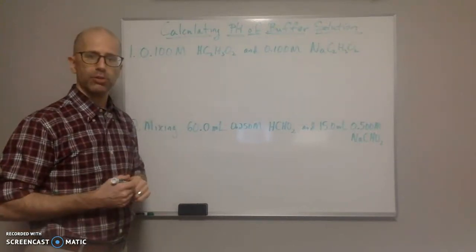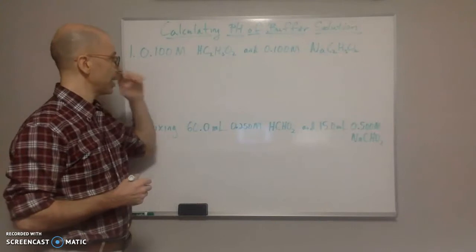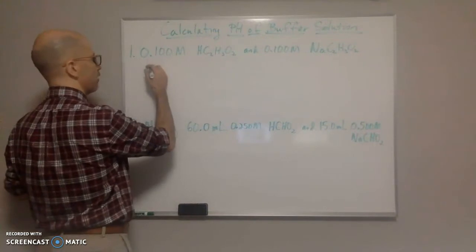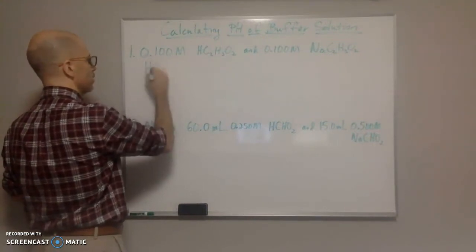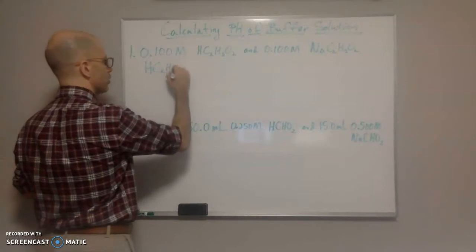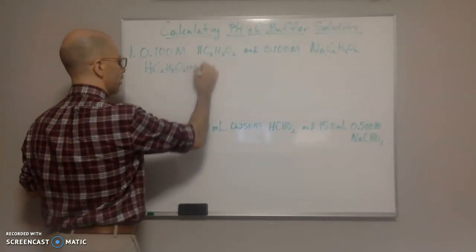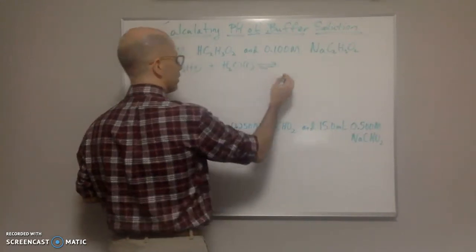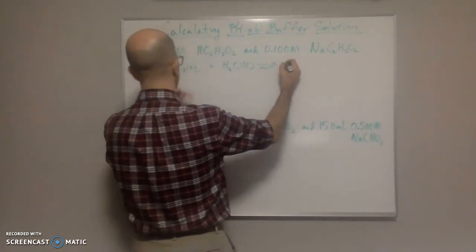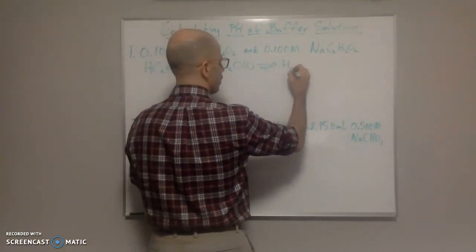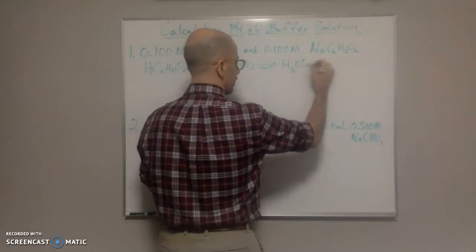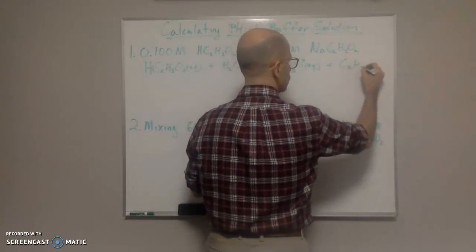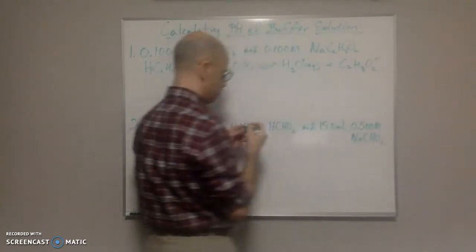So the first thing you want to do is set up an equation and your ICE table for the equation. So you're going to have your equation for the acid: HC2H3O2 aqueous plus water liquid goes to H3O plus aqueous plus C2H3O2 minus.